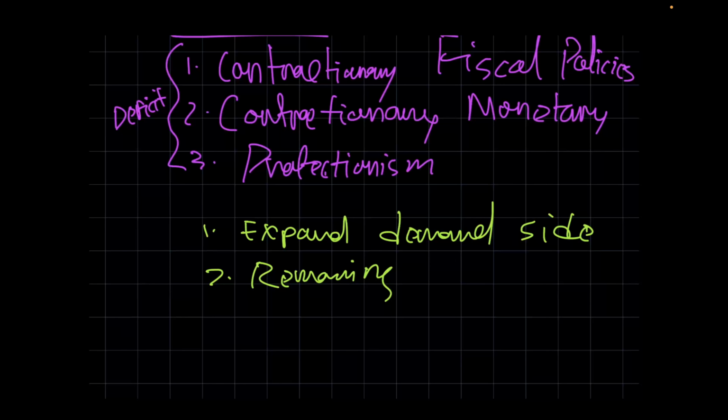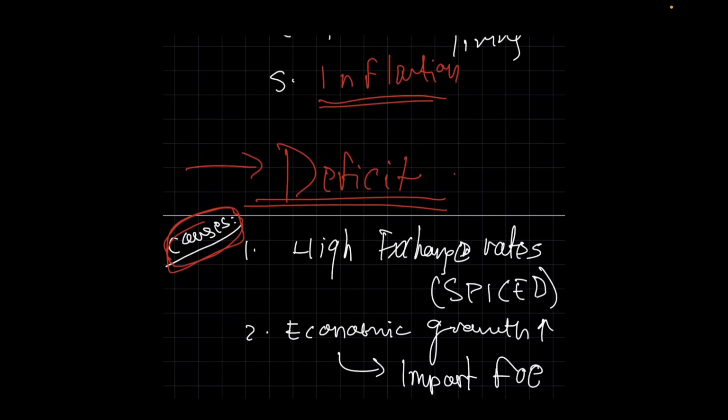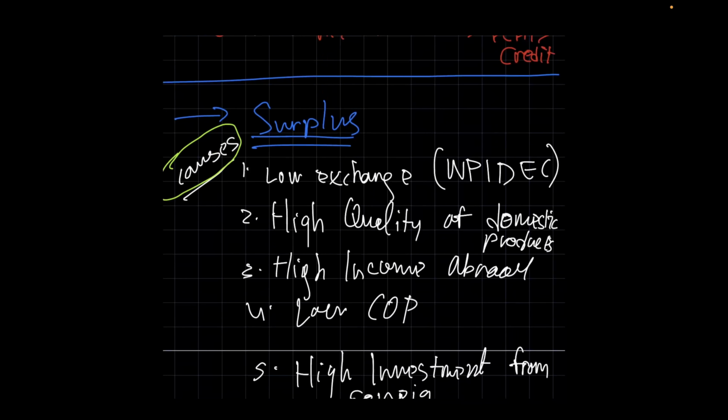Now you could also argue for something that we look at in a future video, which would be, for deficit, a floating exchange rate, and for surplus as well, a floating exchange rate. Now we'll look at that in one of our future videos. So that is all for current accounts for now.